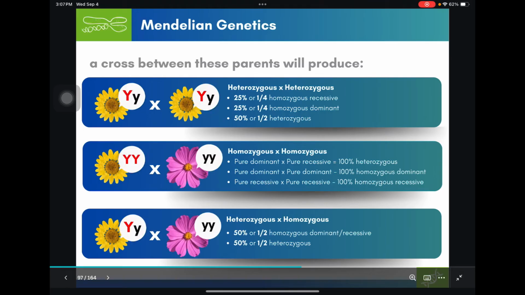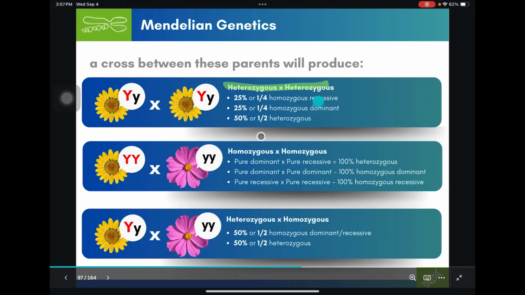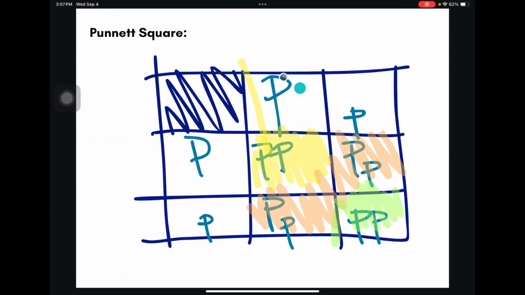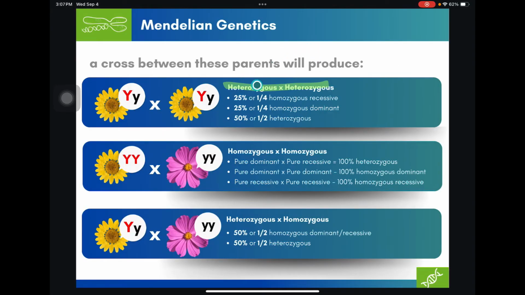So for example, if you cross a heterozygous and a heterozygous parent, there is a 1/4 or 25% chance that the offspring will be homozygous recessive, 25% would be homozygous dominant, and 50% would be heterozygous. So technically, the ones that we created are the same as this one. However, if you cross two homozygous parents, let's say pure dominant multiplied with pure recessive, you will arrive at 100% heterozygous offspring.